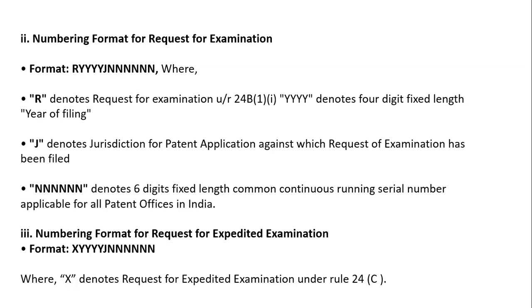At that office you have to apply for the request for examination. So from the Mumbai division, that is a 2, followed by the serial number, whatever your serial number is at that time will be considered. Okay, and similarly X denotes expedited examination.